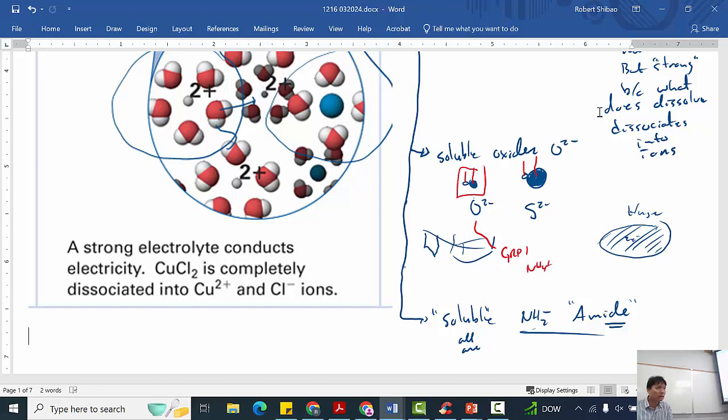Directly above amide is oxide, and directly above oxide is hydroxide.